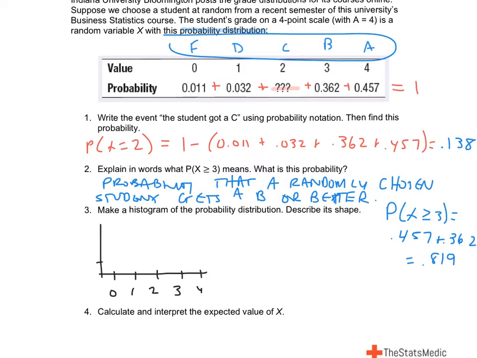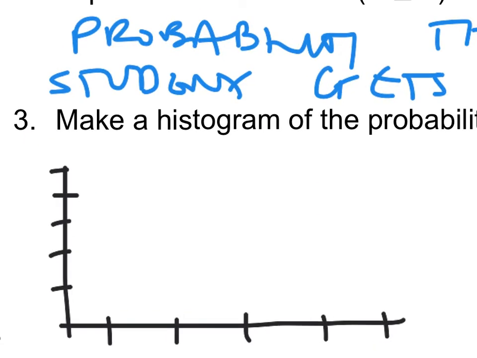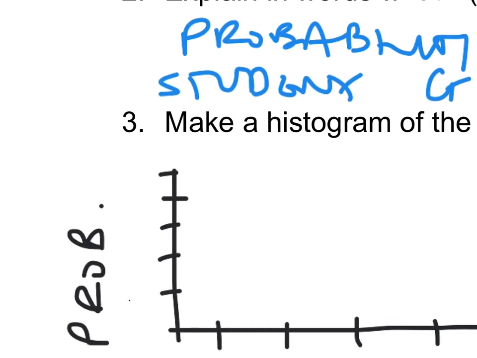So these are our values, and this is our probability. I know that my largest value is 0.457, so I'll mark 0.1, 0.2, 0.3, 0.4, 0.5. Let me zoom in a little bit here.